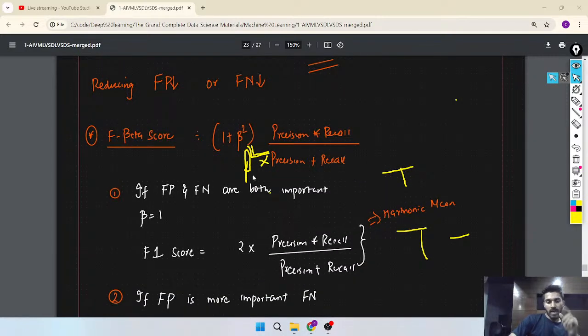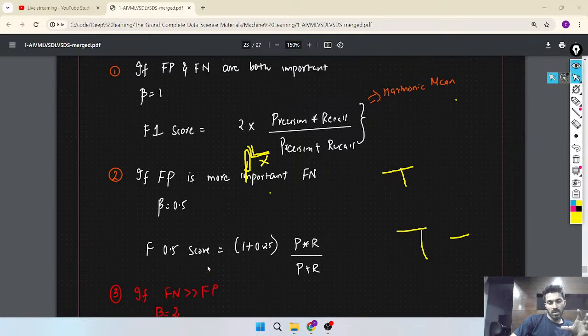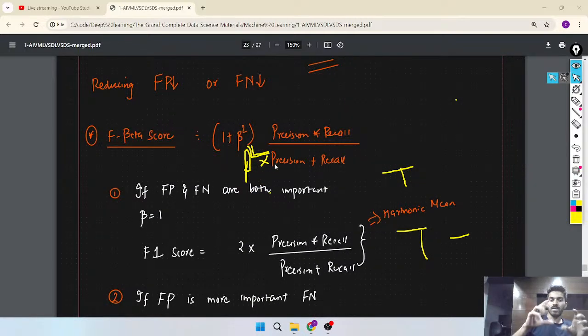So if you apply beta greater than 1, suppose 2, 2 into 2, 4 into precision, and precision is basically true positive upon true positive plus false positive. So it is opposite to false positive. Beta squared into that, if you apply something like that, you will get a big number.